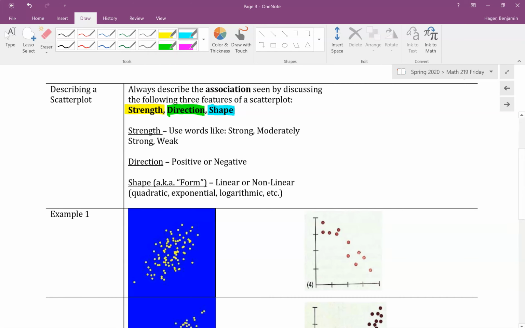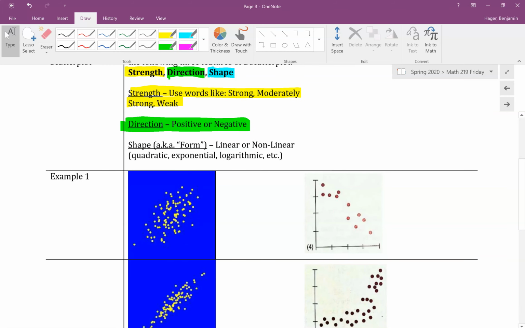When we're talking strength, we want to use words like strongly associated, moderate association, or weak association. The direction means uphill or downhill, so positive or negative association or correlation.